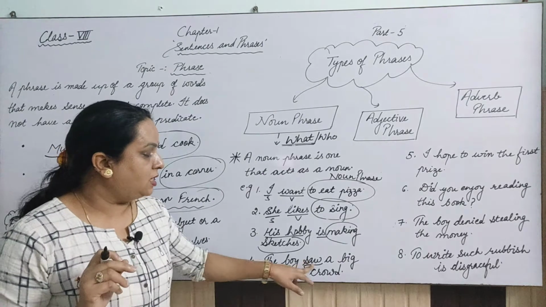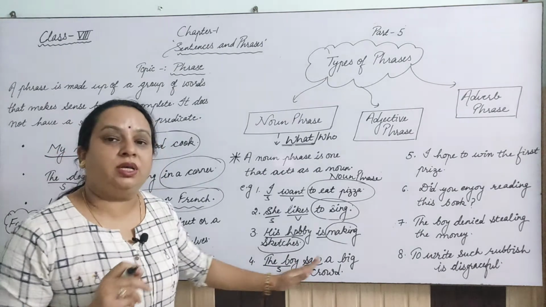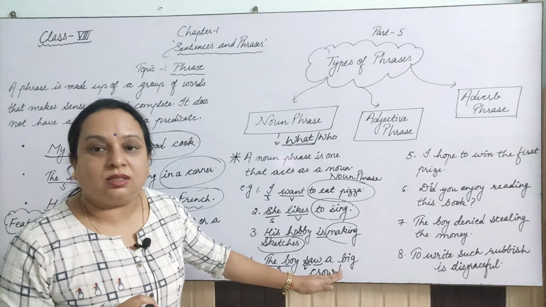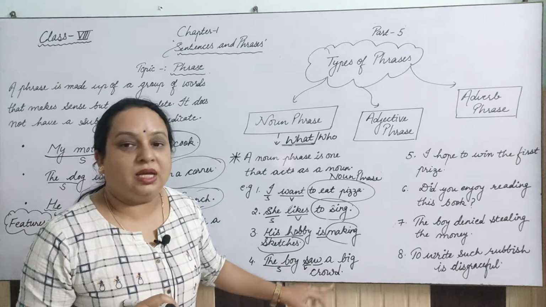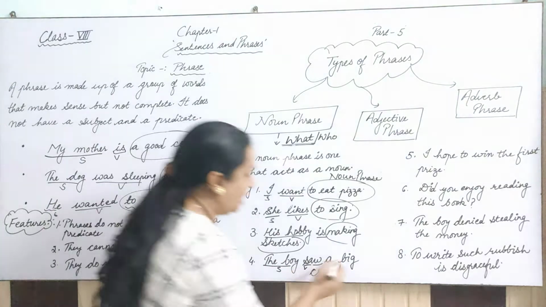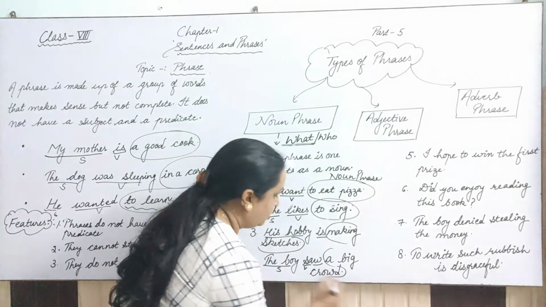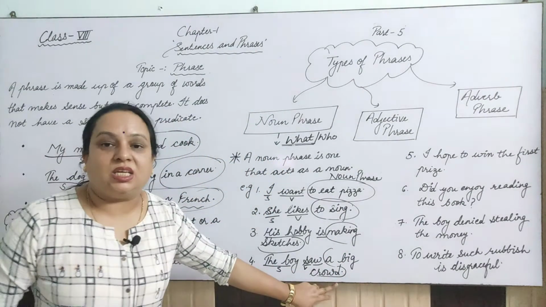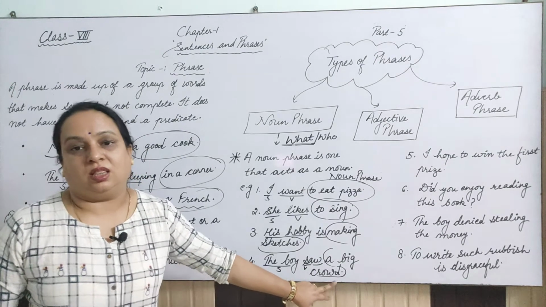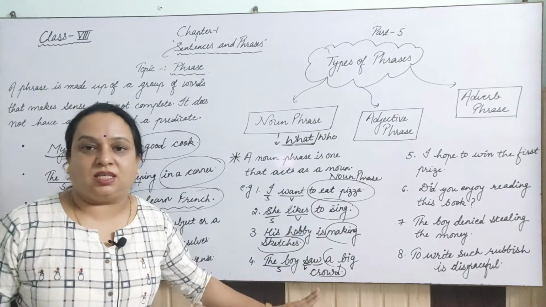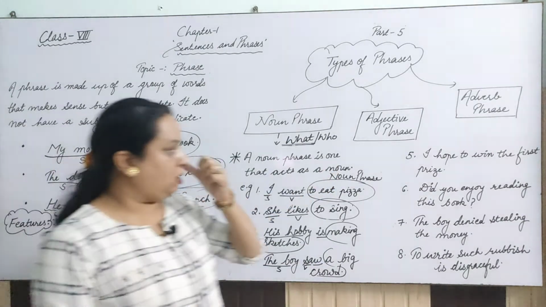So the boy saw, but what did the boy saw? The answer is a big crowd. This a big crowd has a modifier, and it is a noun phrase in the sentence. It's quite easy, right? Let's see the next one.